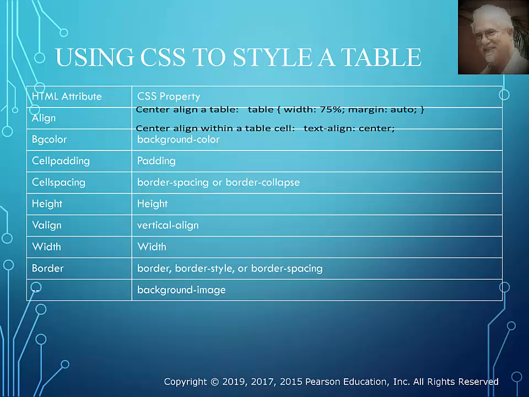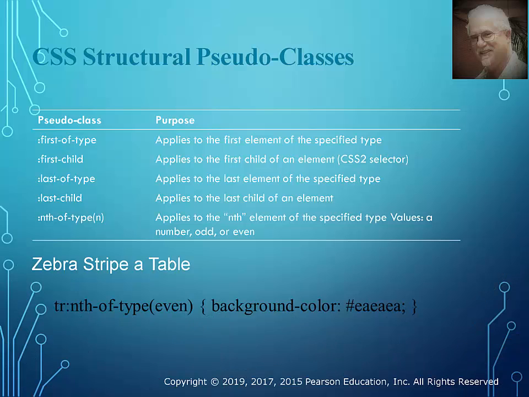Instead of cellpadding, you say padding. Instead of cellspacing, you do border-spacing or border-collapse. Height is height. valign is now vertical-align, width is width, border, you have border-style, etc. So you see all the things that you used to be able to do with attributes, you can still do, but you do them now with cascading style sheets.